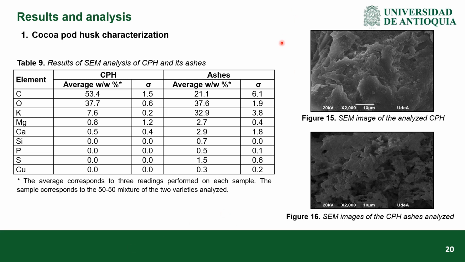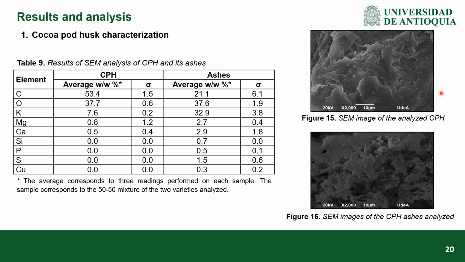Also, an EDX semi-quantitative analysis was carried out for the CPH and its ashes. For the CPH, we can see an important content of carbon, and over the ashes, we can see an important content of potassium.